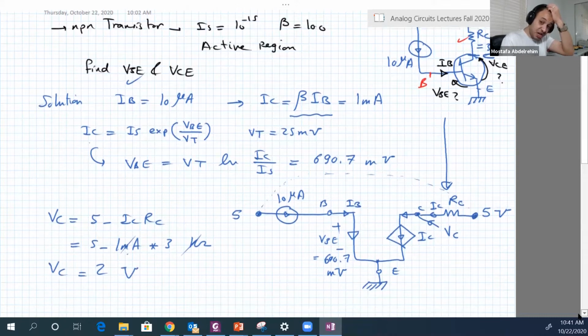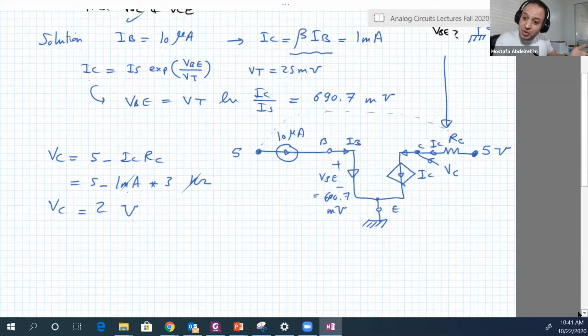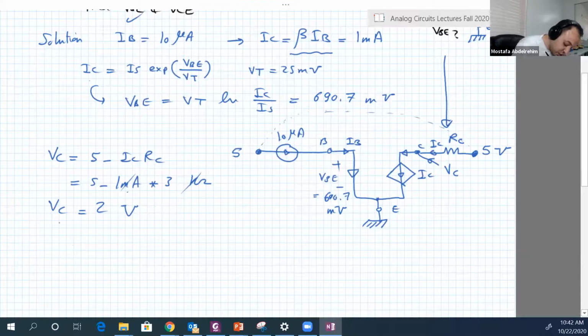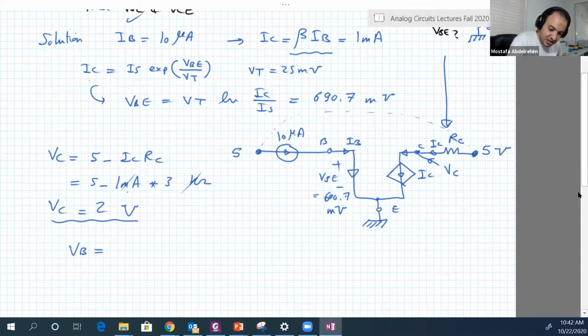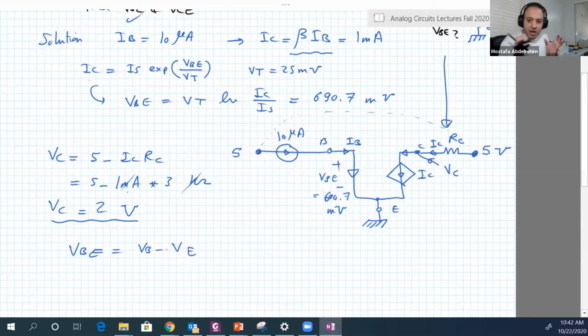Now let's check, because we know it's the active region, right? In the active region, we know VBC should be off, less than 0.4. So VC is equal to 2. VBE, let's see. VBE is equal to VB minus VE. Any voltage difference between two points is equal to the voltage of this point minus the voltage of this point. So this is the base, this is the emitter.